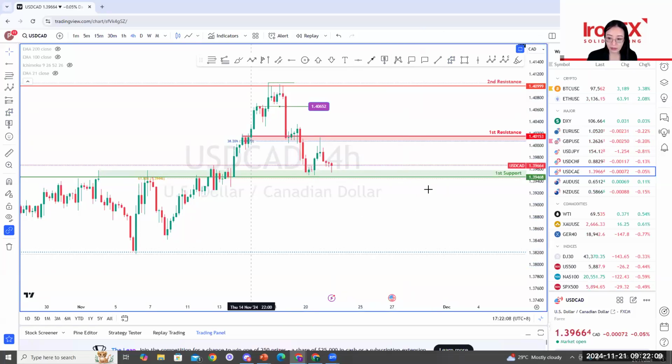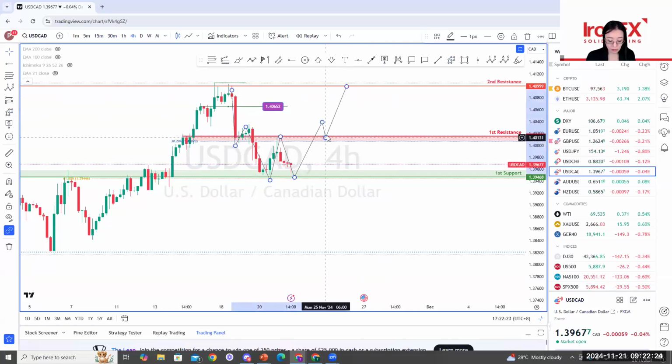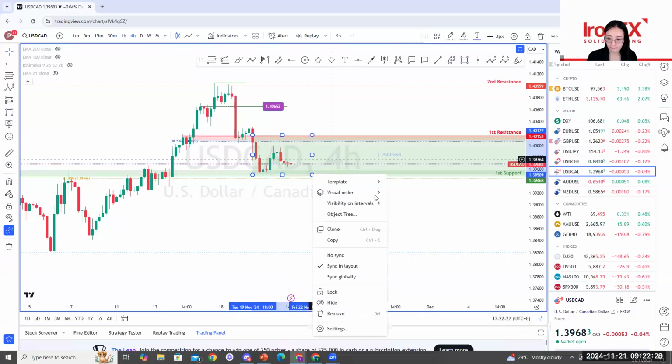Because they make higher high, higher low, it's bearish. But if they want to change the momentum, make an equal low here, break above from resistance, it becomes support and then continues to rise. So now it's just ranging, just sideways.